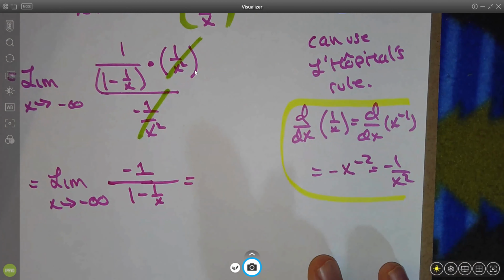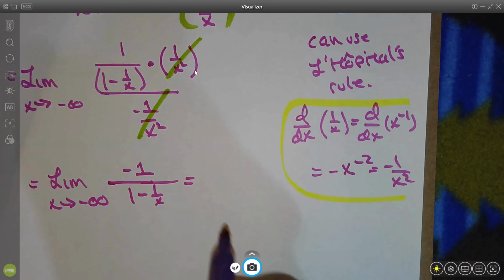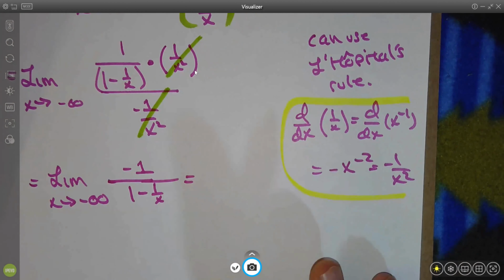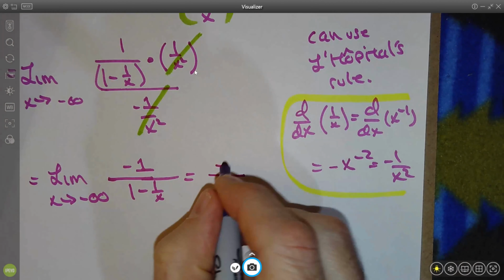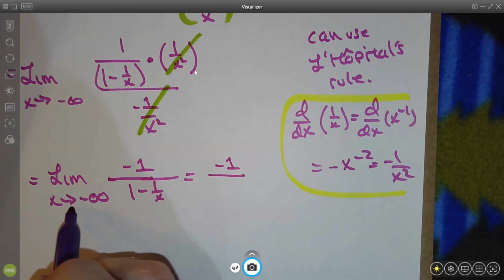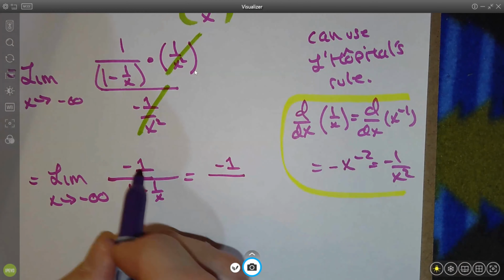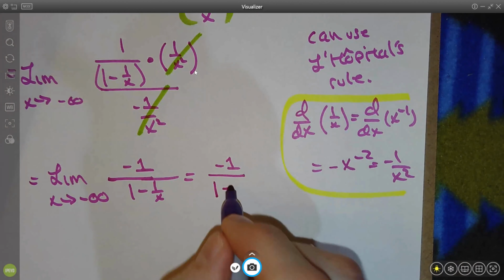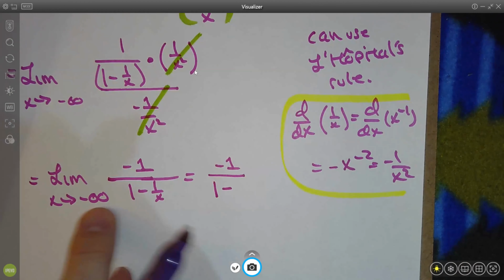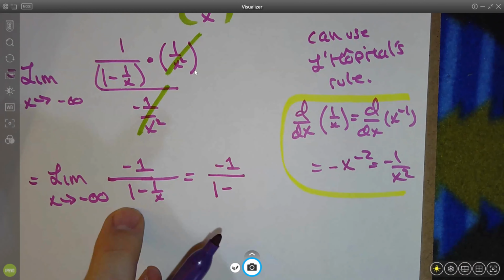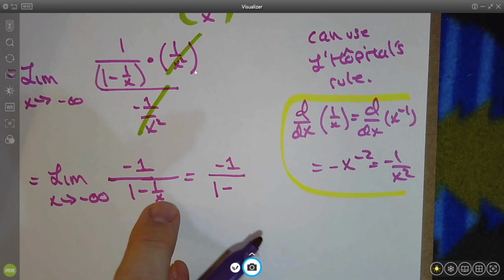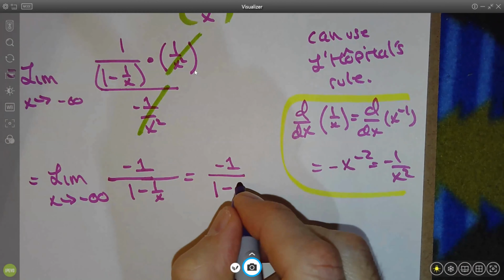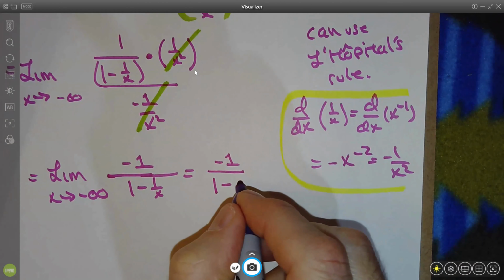How's that looking? Well, that one I can do. Tell you what, I'll do the limit in the numerator. As x approaches negative infinity, that stays negative 1. How about the denominator? As x approaches negative infinity, that's still a 1. But what happens to this term? Goes to 0.